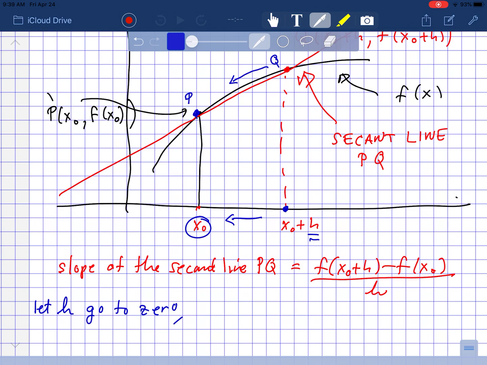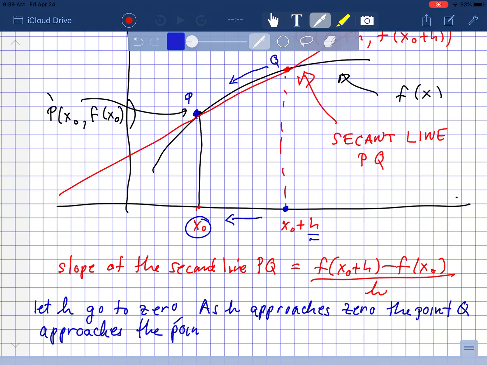So as h approaches 0, the point Q approaches the point P.